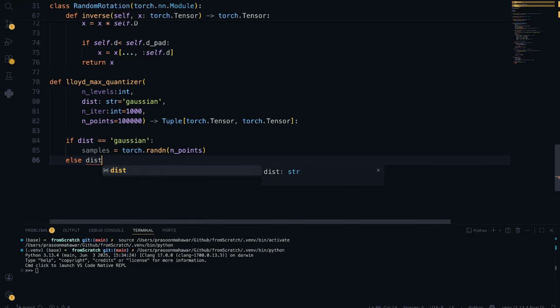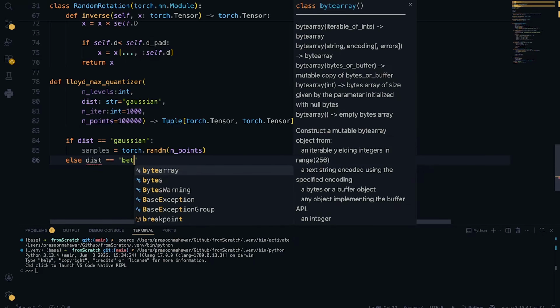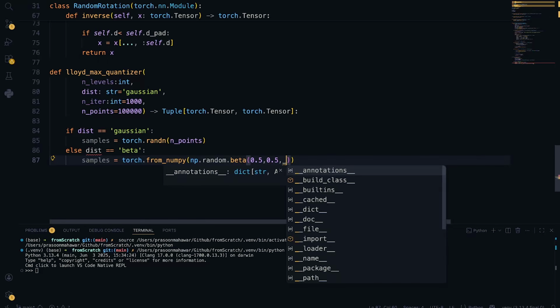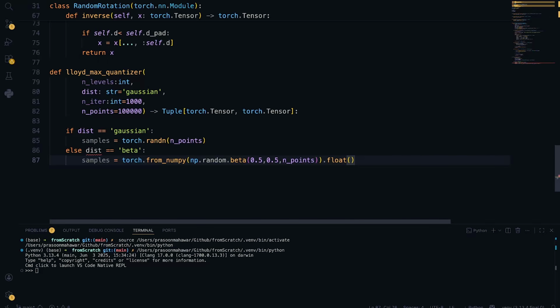Else if the distribution equals beta distribution, then we have samples, nope, not this one, torch dot from numpy, and this will have np dot random dot beta 0.5 comma 0.5 comma number of points, and it will be multiplied by 2 minus 1. Yeah, and we convert it to float.